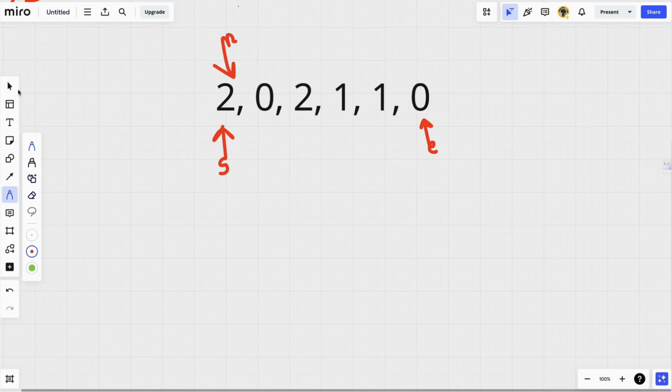Middle is encountering 2. So we just swap this with the ending value. So this becomes 0, this becomes 2, right? And then we decrement ending by 1.